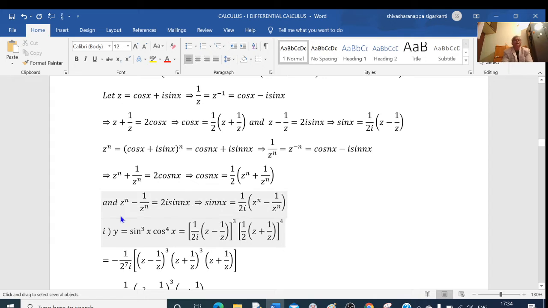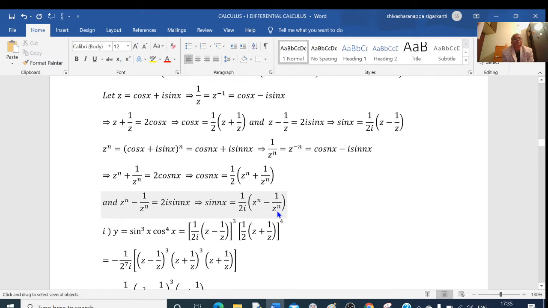Similarly, if I consider z to the n minus 1 by z to the n, the cos nx gets cancelled, and i sin nx minus minus i sin nx is 2 times i sin nx. This implies sin nx is equal to 1 by 2i into (z to the n minus 1 by z to the n).